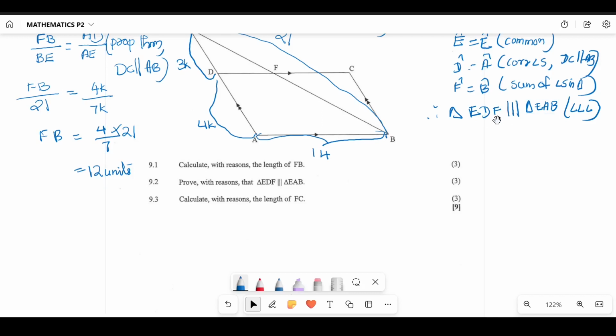So we can make use of the similar triangles that we found just now. Because these two triangles are similar, we can write the ratio. Let us take the ratio that has DF.